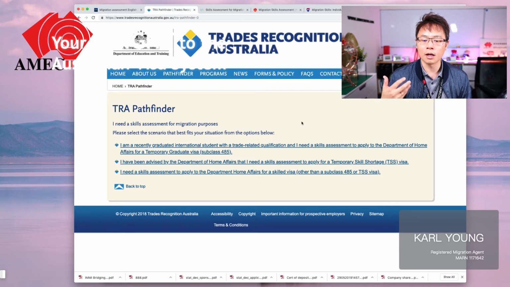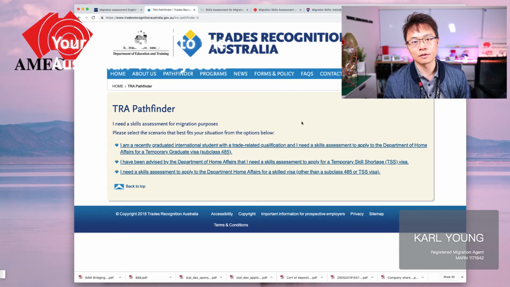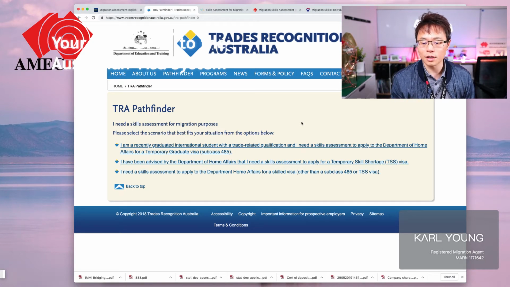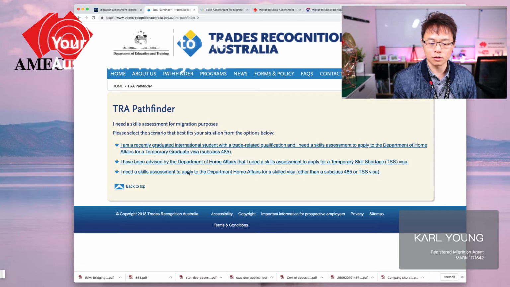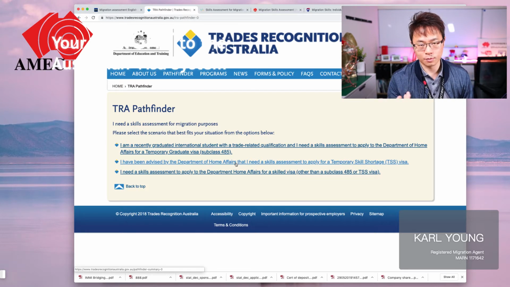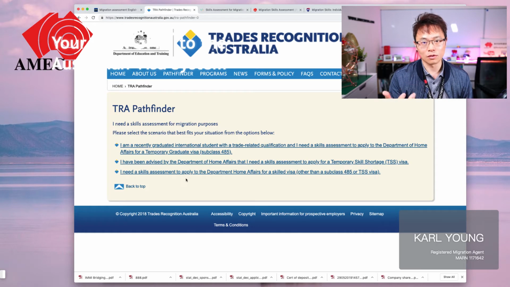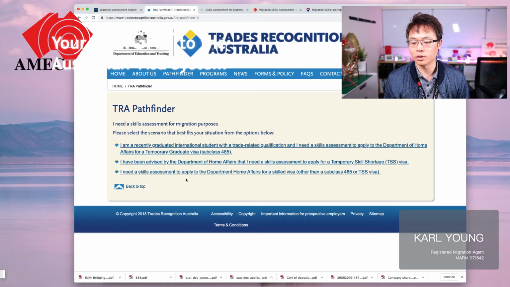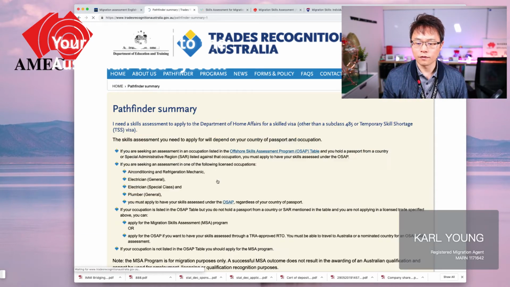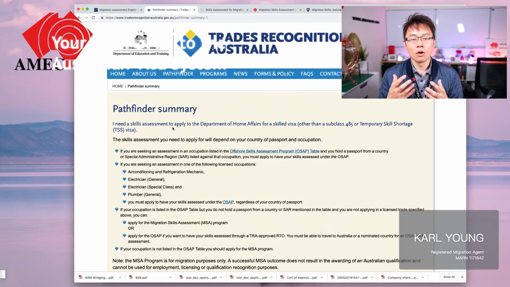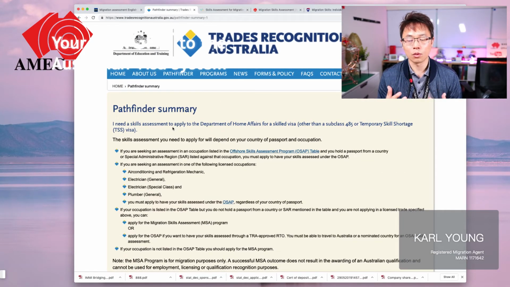If you are already a very experienced tradesman in whatever trade skill set that you're in, you will need to pick either the second one or the third one. The second one is for employer sponsored visa purpose, and the third one is for general independent skilled migration purpose. Then it will go further and tell you where to go. So that's basically what Trade Recognition Australia will be.